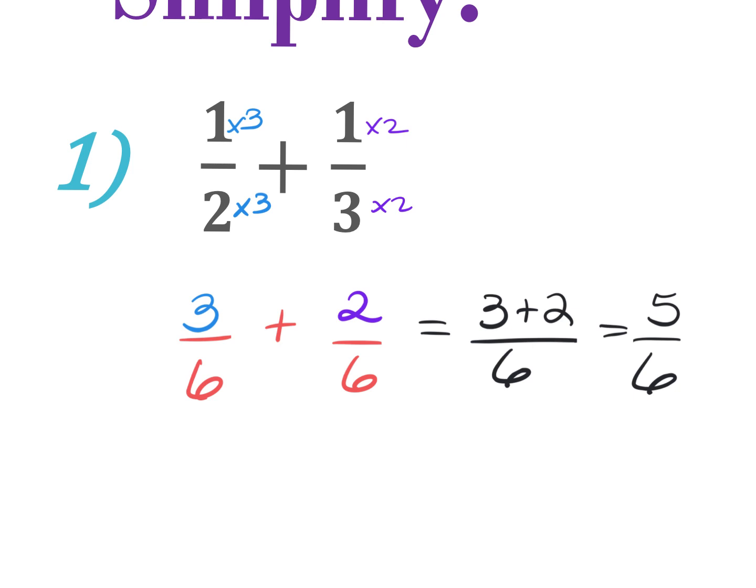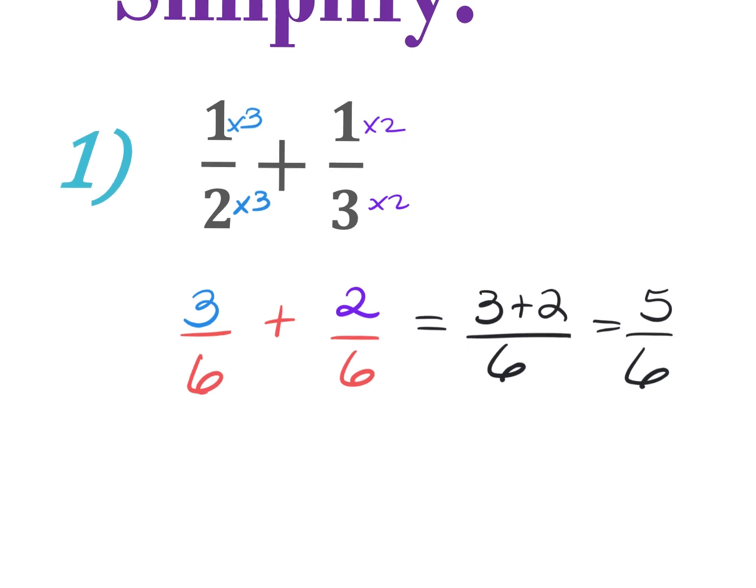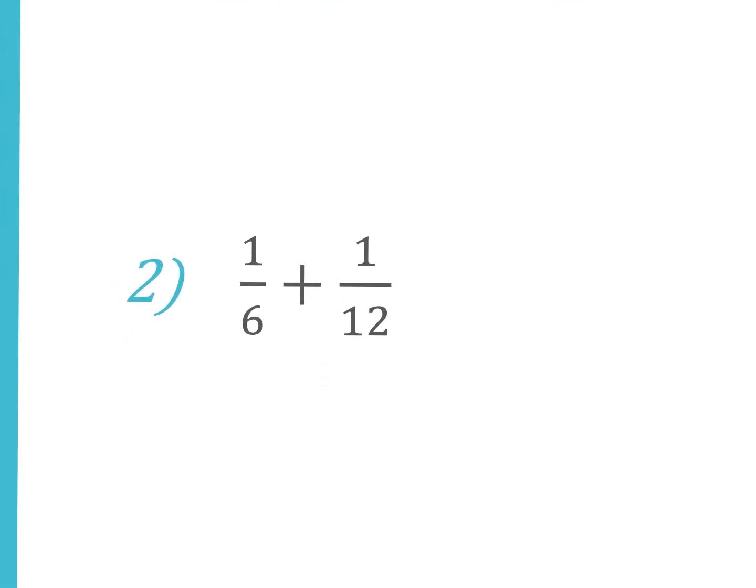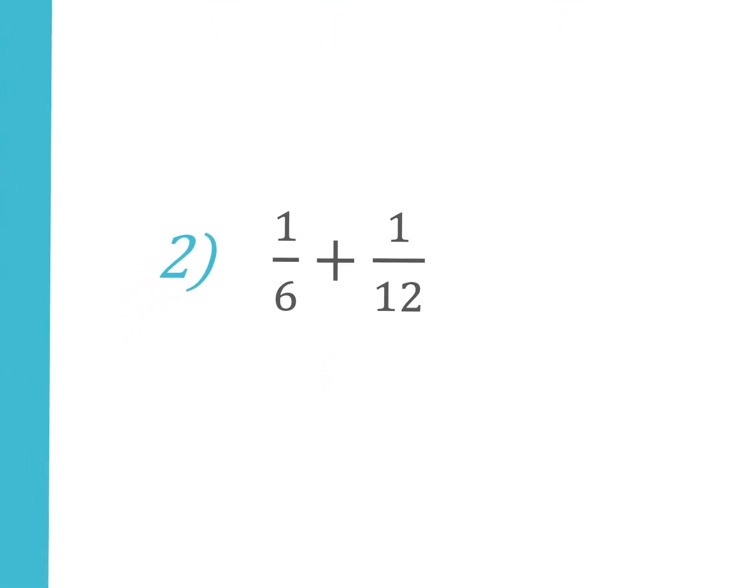Let's try the second one. Still nice and easy. I'm going to look to find my least common denominator. And again, it always has to be at least as big as the biggest number. So my LCD here is going to be 12. My second fraction already has it, so I'm just going to leave that one the same. But the first fraction, in order to make 6 a 12, I'm multiplying it by 2.